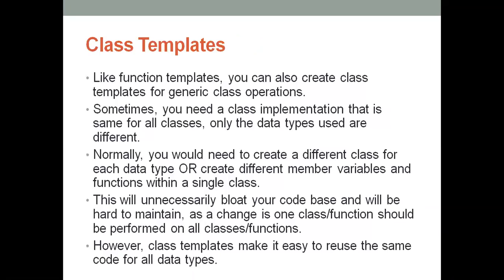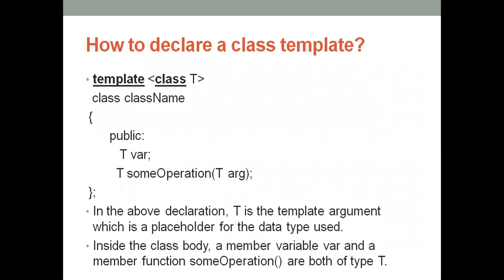Next one is the class template. What is the class template? This is also another thing. Now, this is the line template class T you have to write. In the previous program, we defined a function as per our requirement. Now we will define a class as per our requirement. Within this class, there will be some variables and some functions.